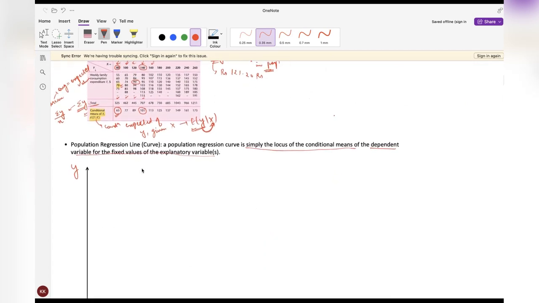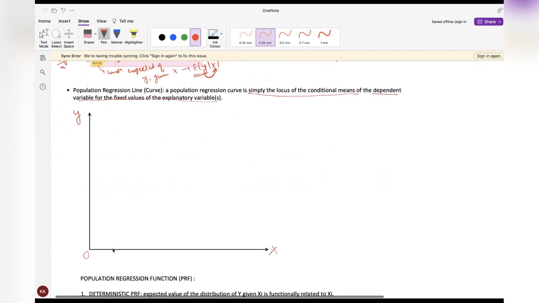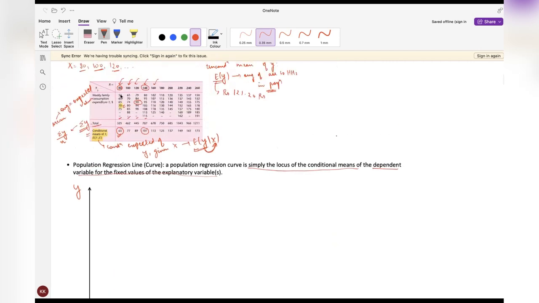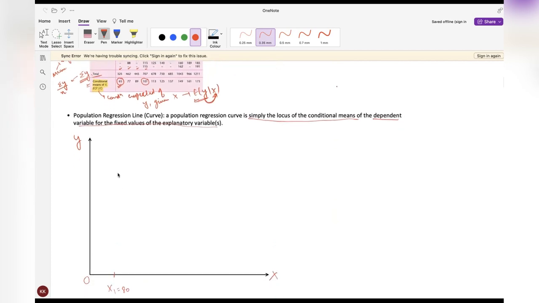When my X1 is equal to, let's say, 80, my Y is actually taking on multiple values, right? One of the values is 55 at X1 equal to 80. One is 60, then another is 65. So we have plotted all those values corresponding to it. Similarly, let's take another case.